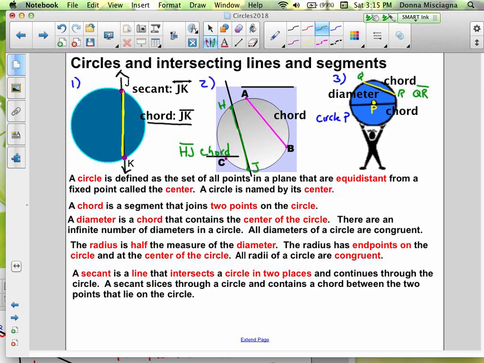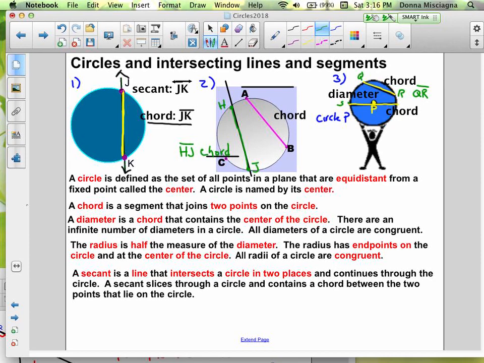A diameter is a chord that contains the center of the circle. So this diameter here is also a chord. It has its endpoints on the circle, and we can give that one a name too.